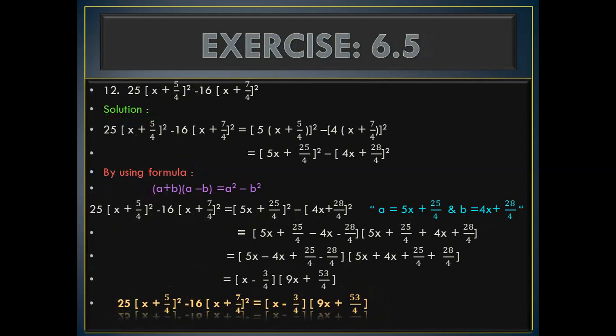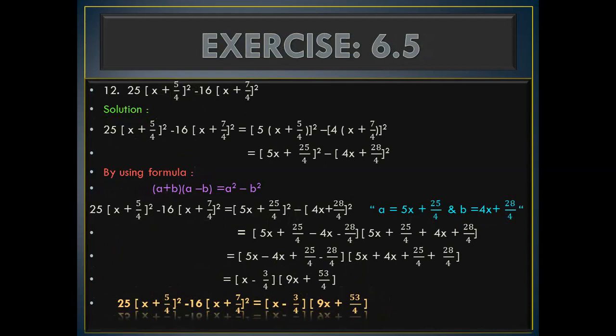Question number 12, 25 into x plus 5 by 4y square. Now 25 is a coefficient of x plus 5 over 4y square, minus again 16 is a coefficient of x plus 7 over 4 whole square. So first we convert this into a whole square and then we apply the formula.